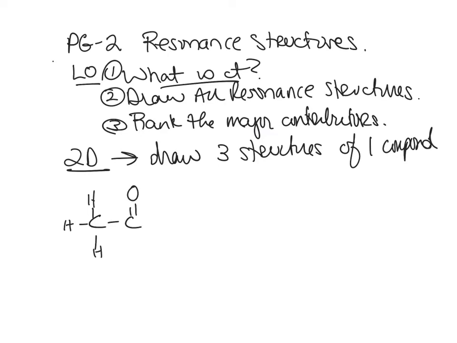acetic acid. Acetic acid is the active ingredient in vinegar. Now, if we move these electrons here, so we got pi electrons here, these are non-bonding electrons, and these are non-bonding electrons.